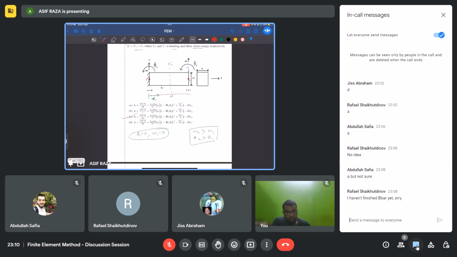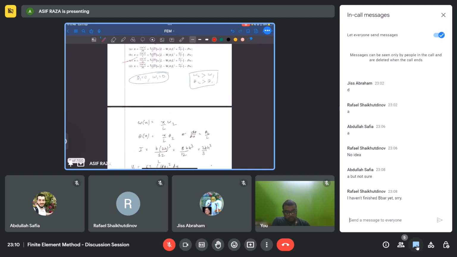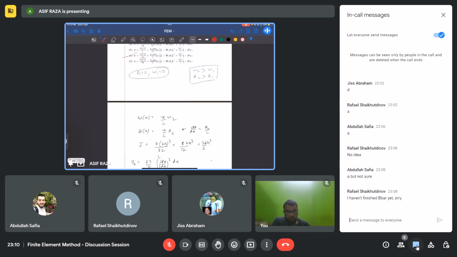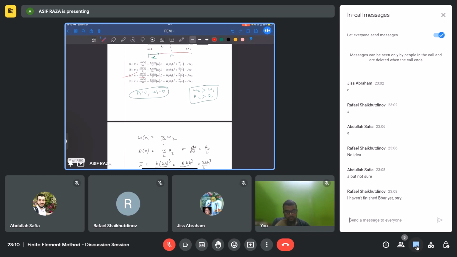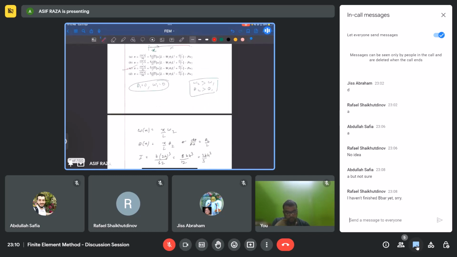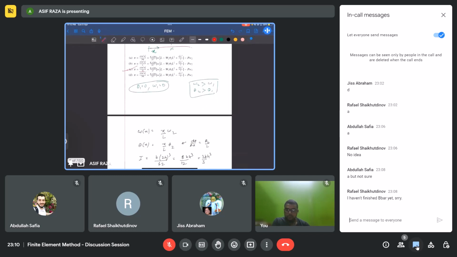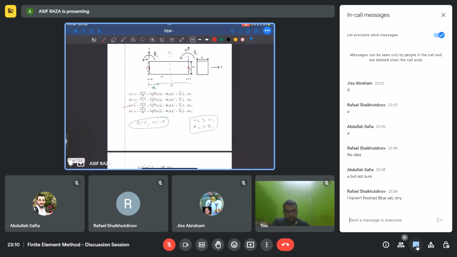Now for the approximation at any point x, if I consider W of x and theta of x, that would be equal to x by L times W2. This justifies it: when x is 0, it will be 0, and when x is equal to L, it will be equal to W2.